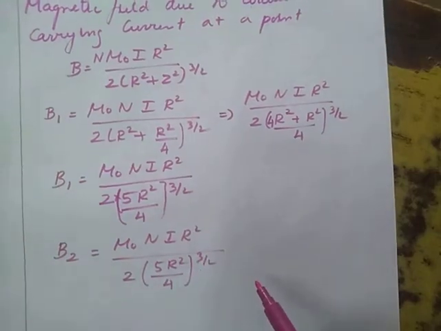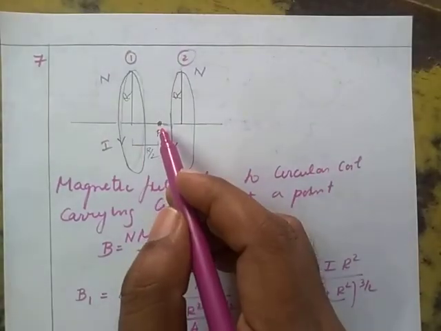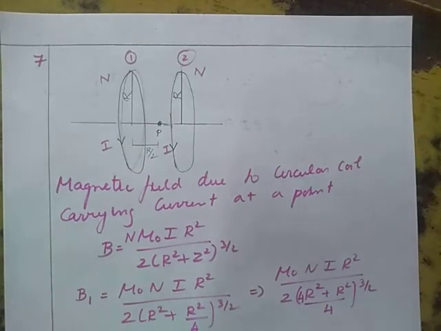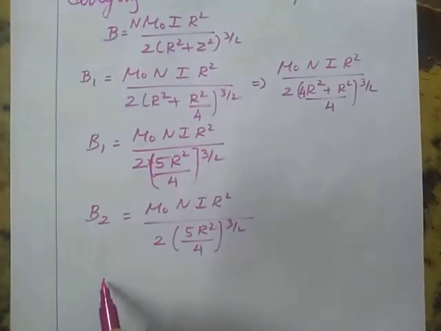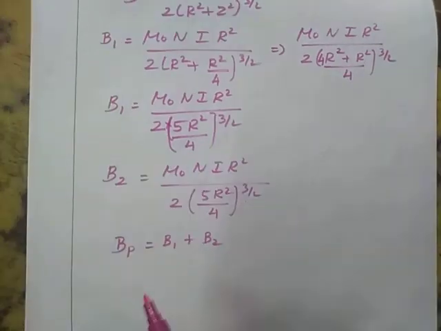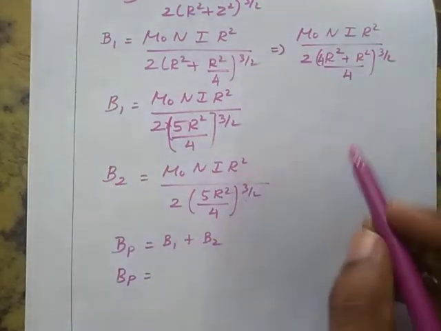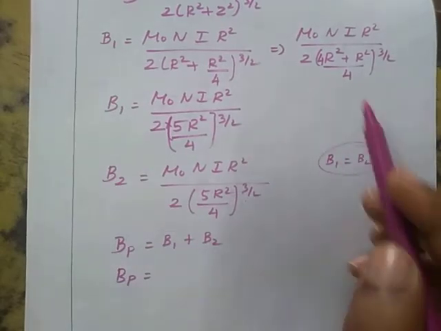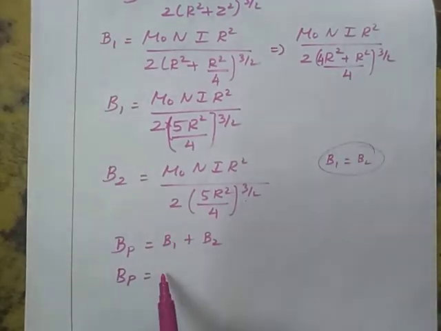In order to find the magnetic field at the point P, the magnetic fields due to coil 1 and coil 2 are in the same direction, so we can add them. The resultant magnetic field at the point P is equal to B1 plus B2. Since B1 is equal to B2, we can write it as 2 B1.